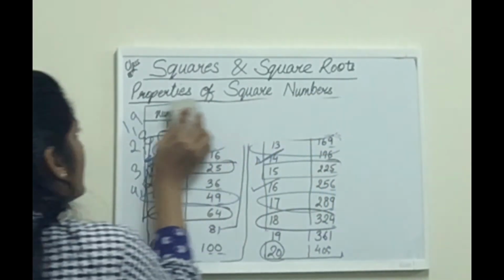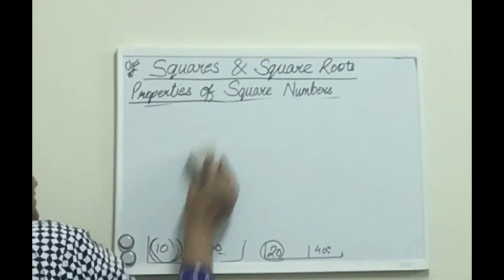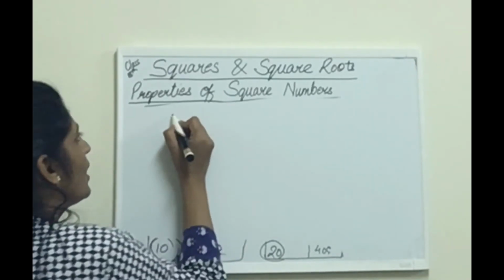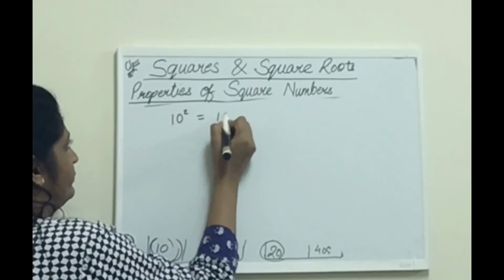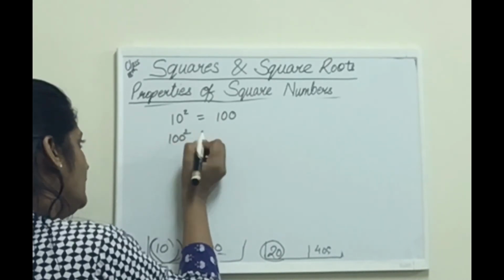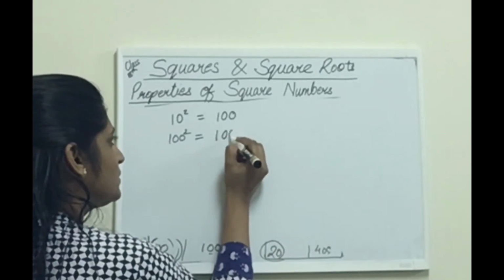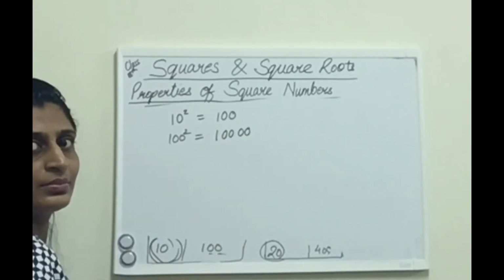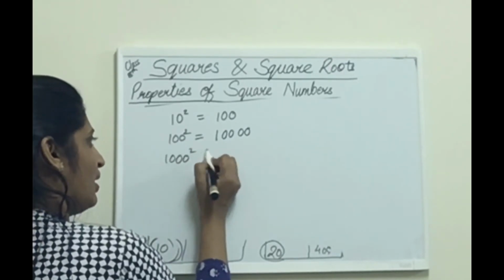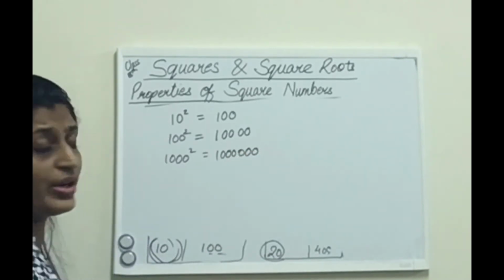Just wait. There is something which is tricky. Okay. 10 square. Very smart. 100. What about 100 square? What about 1000 square? You can try. You can find.